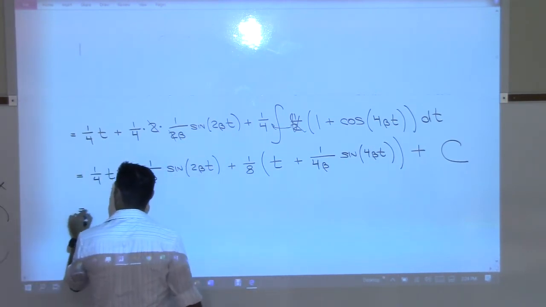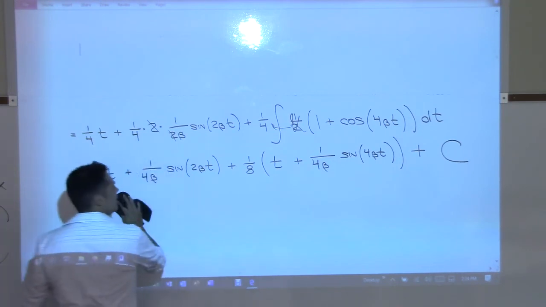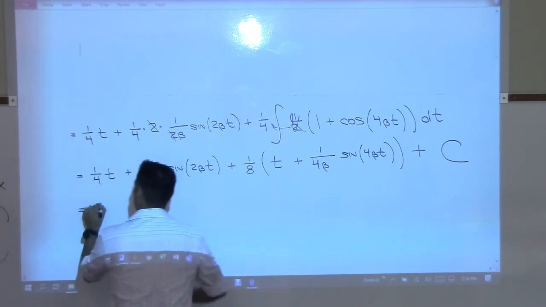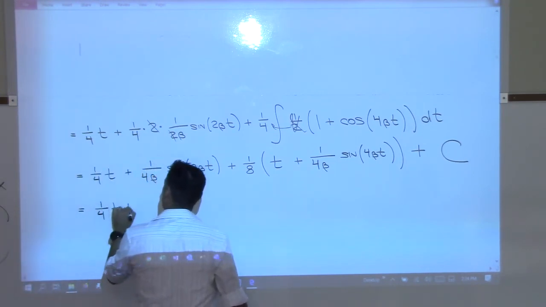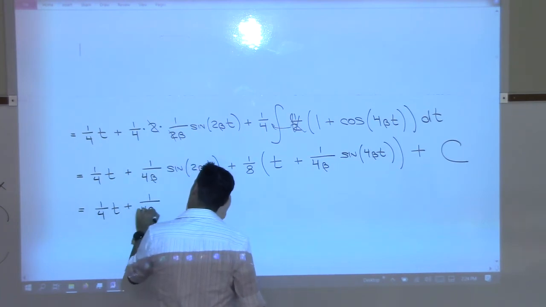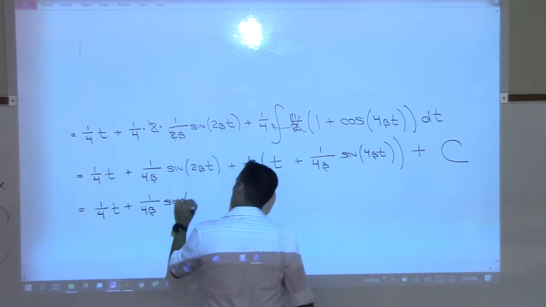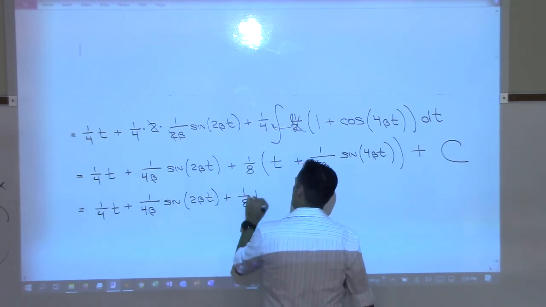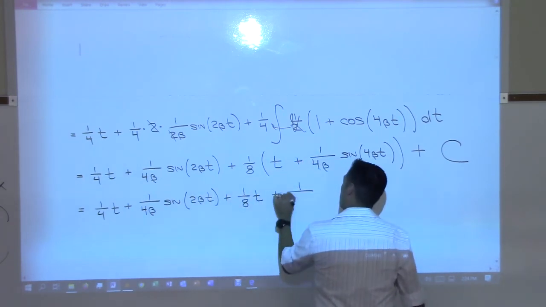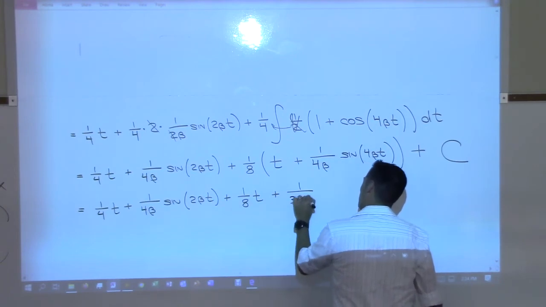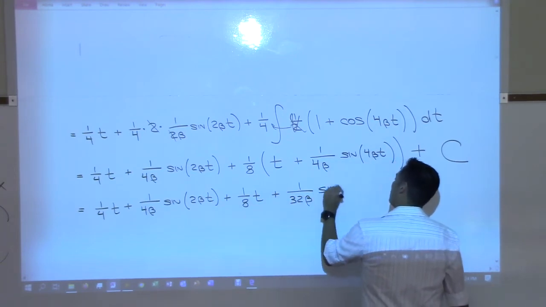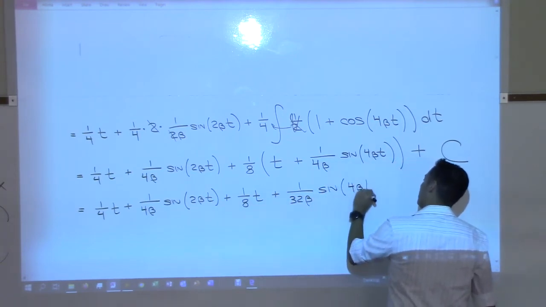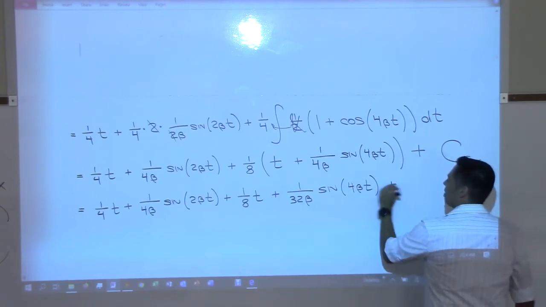All right, I'm still not done. Well, you know what? Yeah, okay, I'll just write it. 1/4 t plus 1 over 4 beta sine of 2 beta t plus 1/8 t plus 1 over 32 beta sine of 4 beta t. That beta thing sure does mess things up, huh?